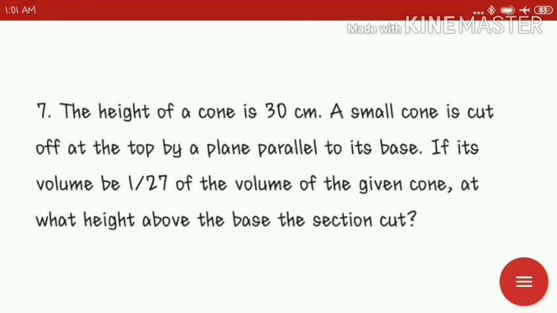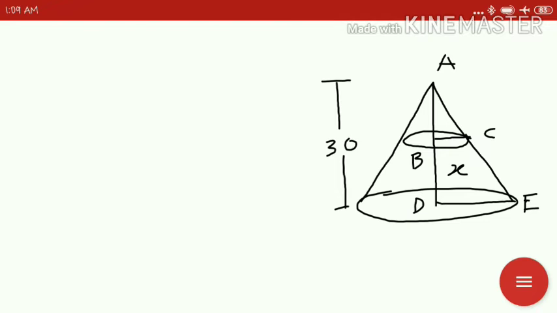This is a very tricky question, because only one piece of data is given, the actual height of the larger cone from which the section is cut, and one more thing, that the smaller cone's volume is 1/27th of the larger one.